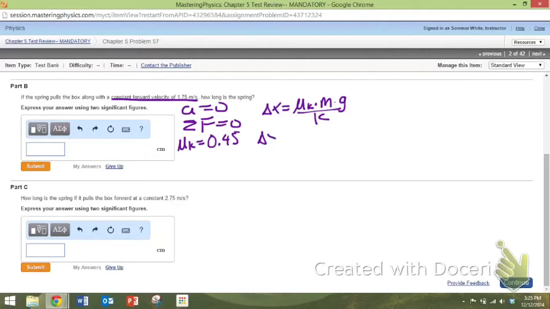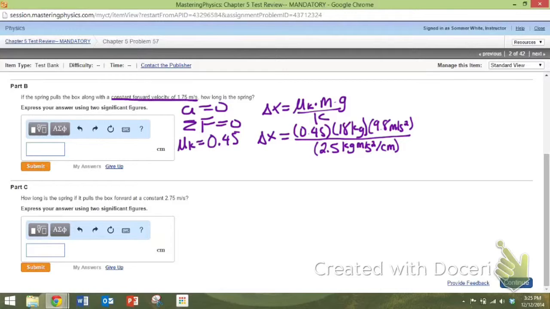So delta x is equal to 0.45 times 18 kilograms times 9.8 meters per second squared, all over 2.5 kilograms meters per second squared divided by centimeters.